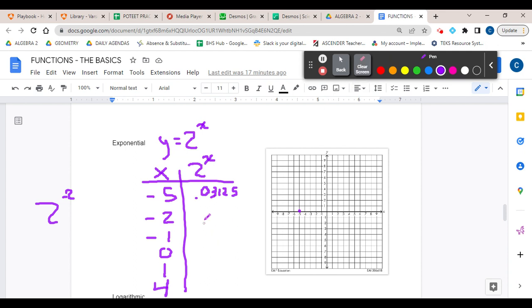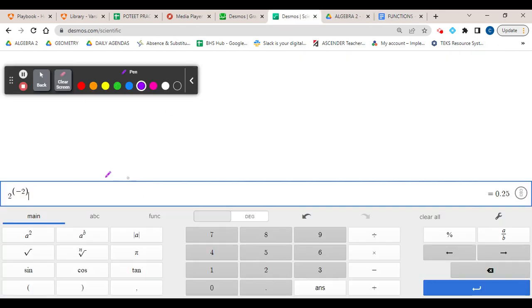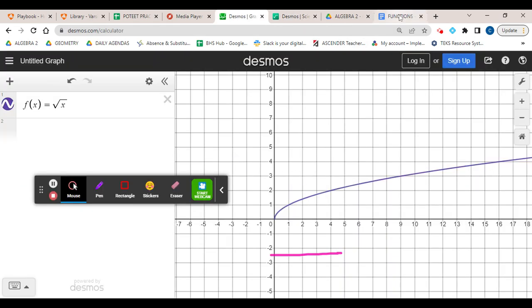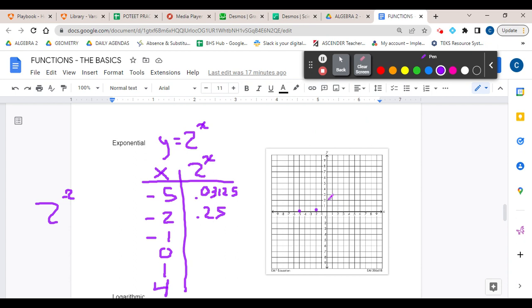So if -2 is our x, 0.25 is going to be right there. Okay, a little higher, but still pretty low. -1. So if we go 2 to the -1 power, 0.5, which is 1/2. So if -1 is our x value, our y value is going to be 0.5, which is right there.